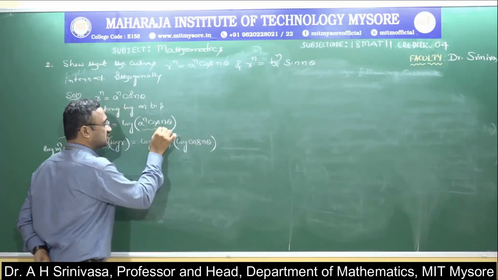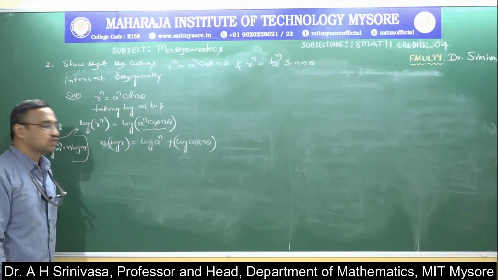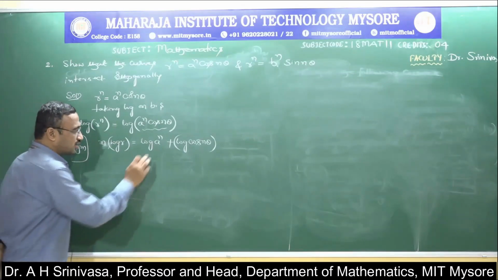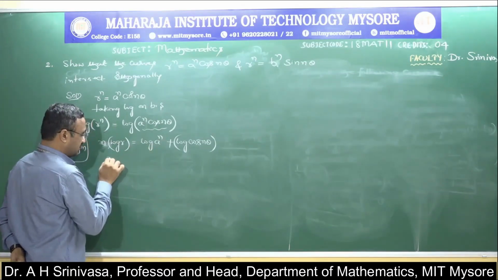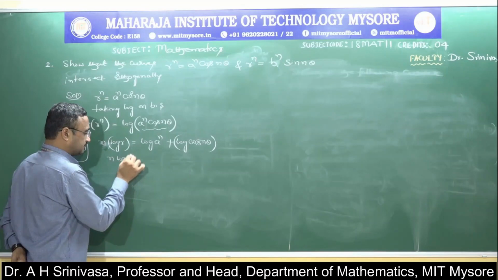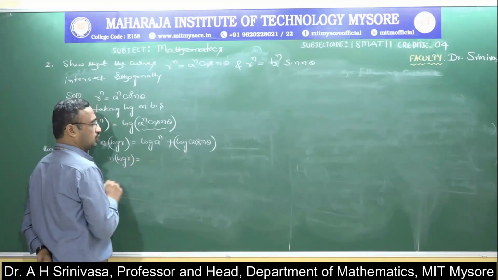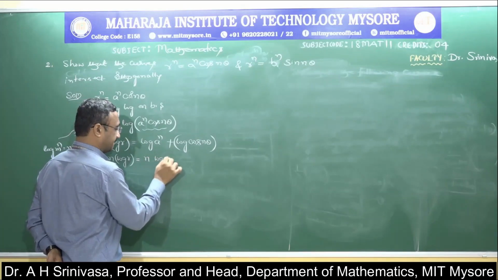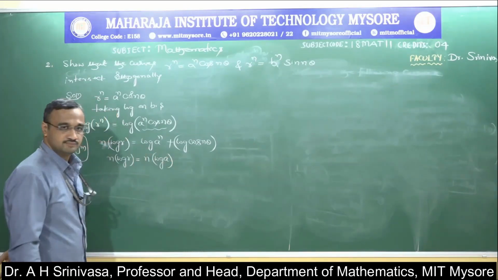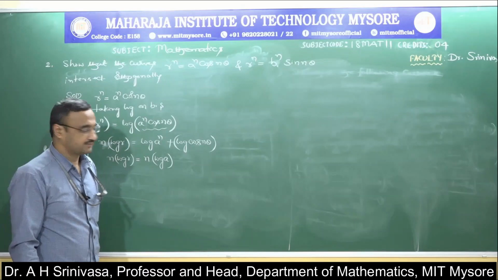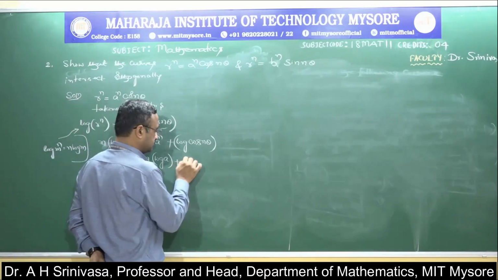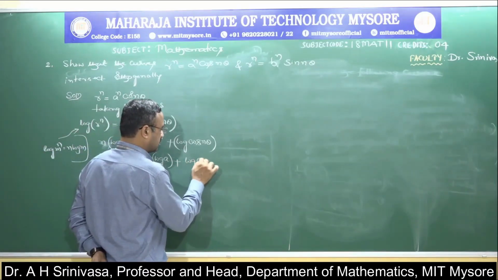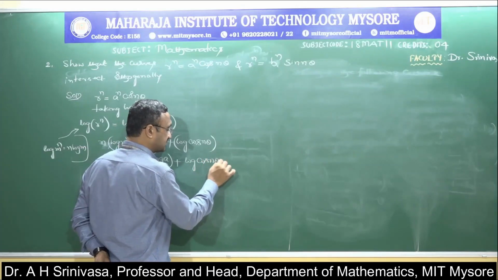Here the product of two functions is there, m into n, so you have to use it. So now n log r should be equal to n into log a, again using the properties of logarithm, plus logarithm of cos n theta.